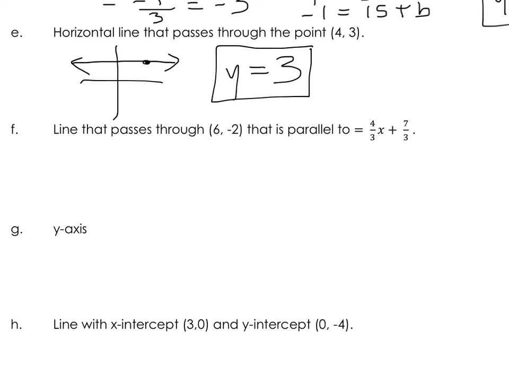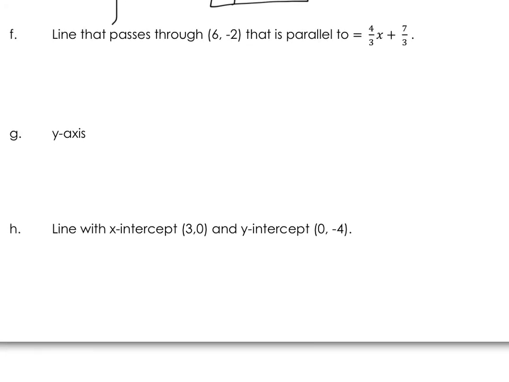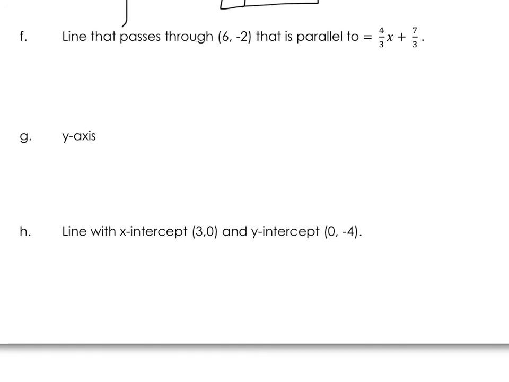So that's our equation. We want the line that passes through the point (6, -2), that is parallel to, well, there's something missing there, y equals 4/3 x plus 7/3. So if it's parallel, it must have the same slope. So our equation will be 4/3 x plus b.